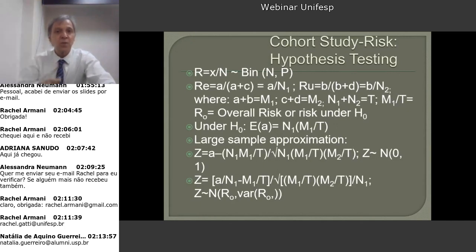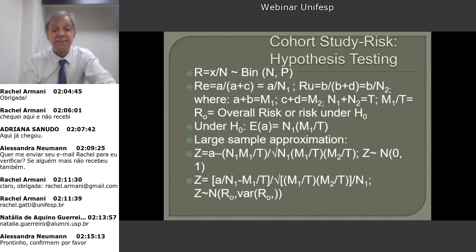It's N1 people exposed, N2 people unexposed, M1 cases, M2 non-cases. So you end up with this formulation here, and it's all based on the binomial. Just take the square root of that. N1 divided by T, times M1, that's nothing more than N multiplied by P. So the big N multiplied by the big M over T is going to give you the expected value of A.